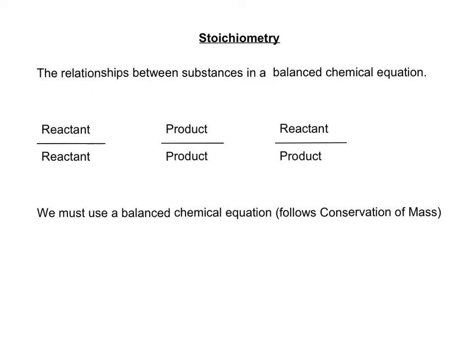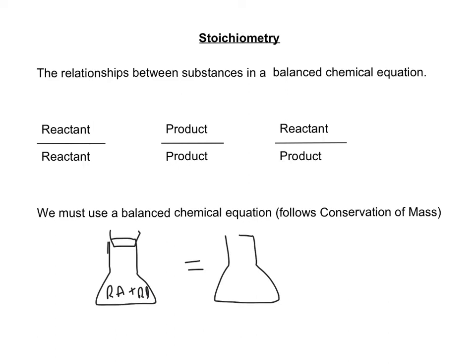Balanced chemical equations are important because of the law of conservation of mass. We know that matter is neither created nor destroyed. So when you have a closed system, like a beaker or a flask with a stopper on it, and you have a reaction inside, with reactant A and reactant B, the mass will be the same as your products.